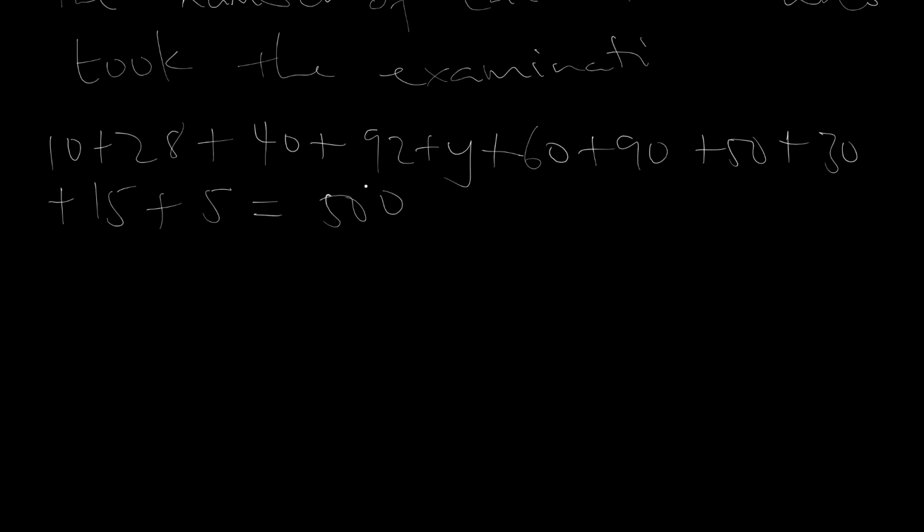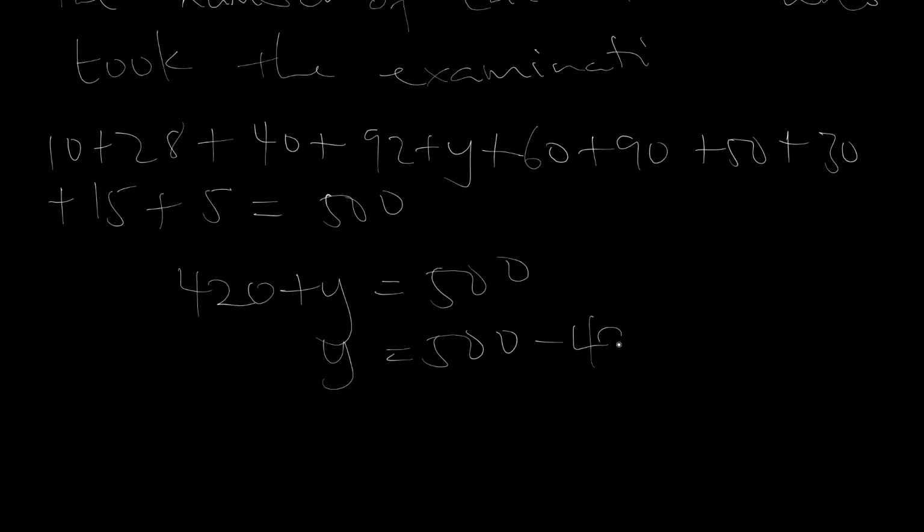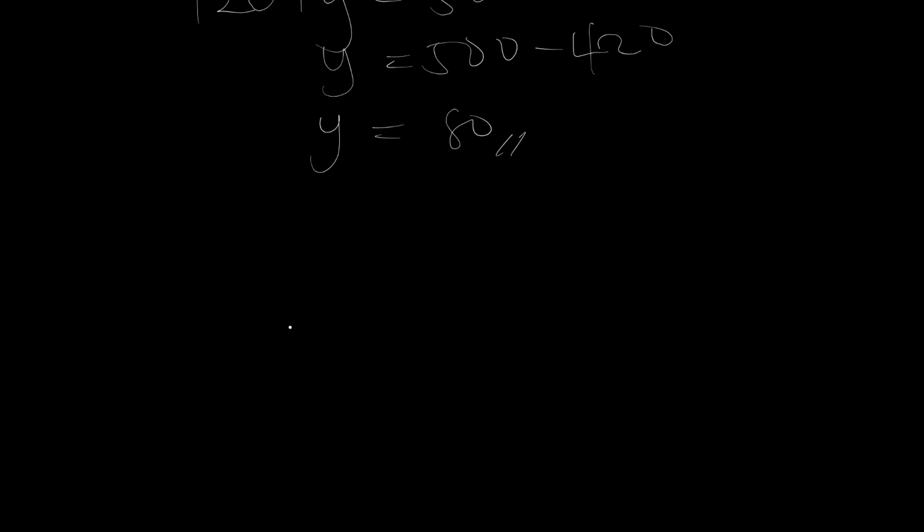When we add everything, we should get 420 plus y is equal to 500. y becomes 500 minus 420, and hence y is equal to 80. Okay, so we are moving on to the next question.